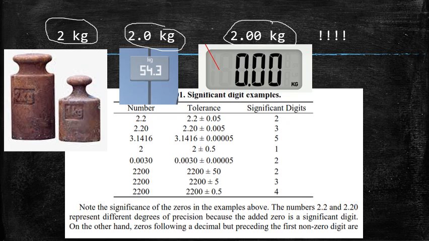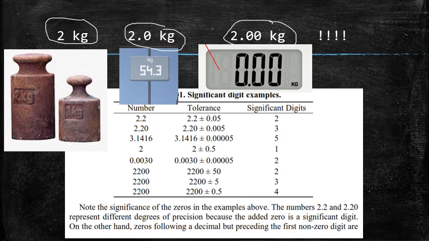We might say no, they all the same, 2 kilograms, 2 kilograms, 2 kilograms. But why we write it down in this way or in a different way? This is about the precision of the gauge or the scale we used to measure this mass.